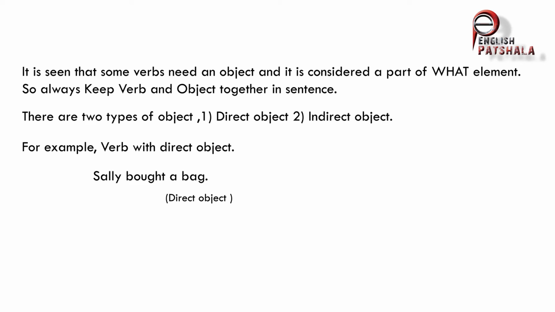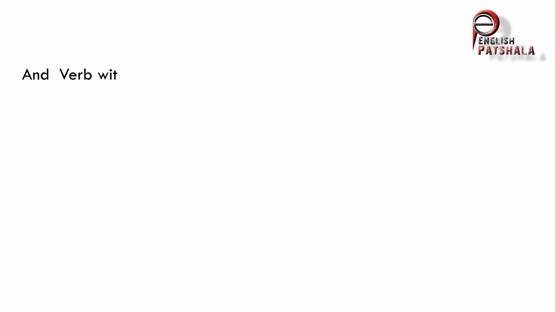Now, if you study the elements of this sentence, then we see Sally is who, bought is what, and a bag is also a what element. And then another example is the boy plays football. Here football is a direct object. Let's move on to the indirect object.